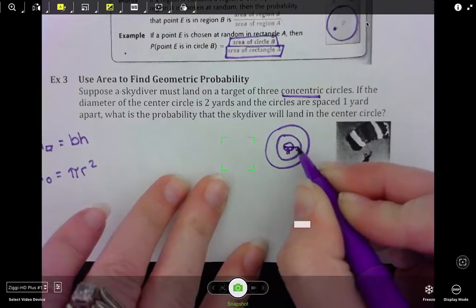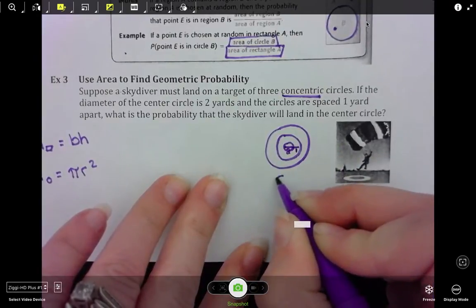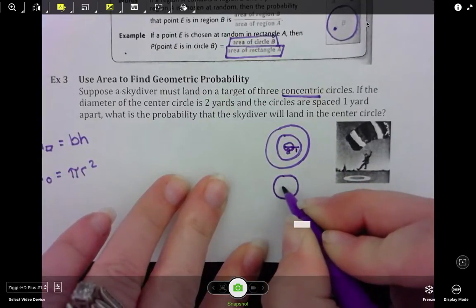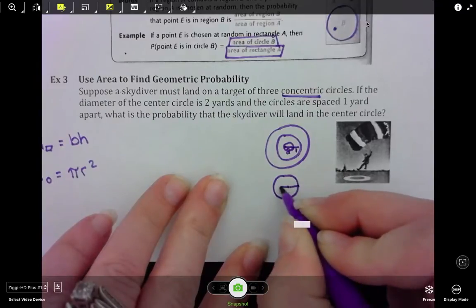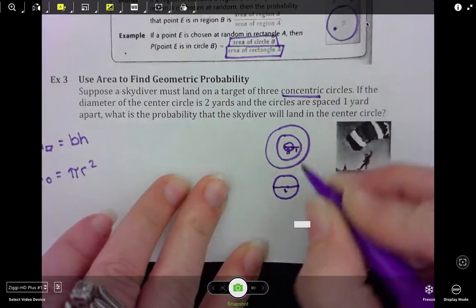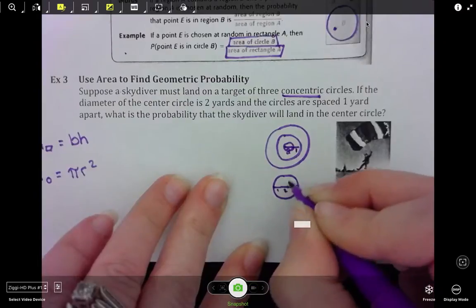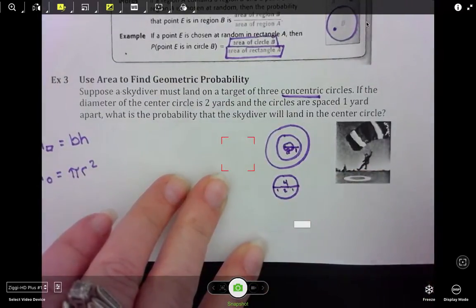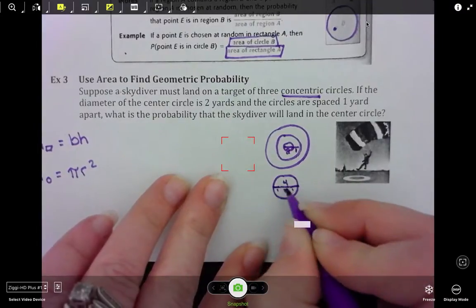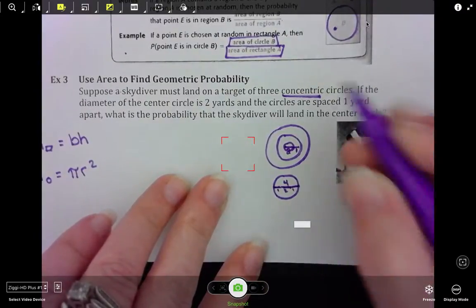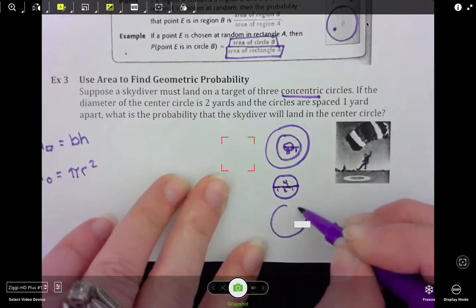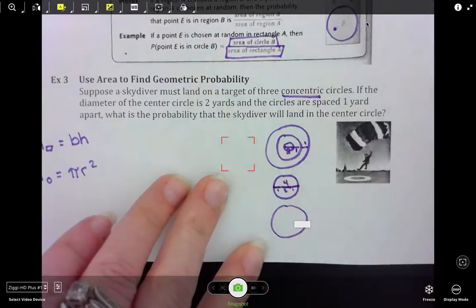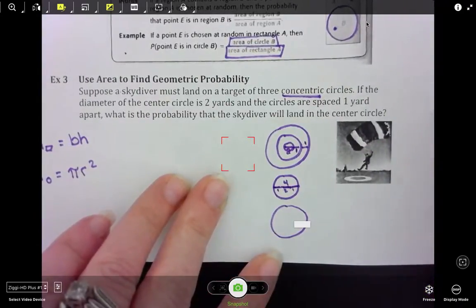Now, if from there to there is 1 yard, then this middle circle, here is 2, here is 1, here is another 1. So the middle circle actually has an entire diameter of 4. Keep that in mind. It's 1 on the outside, 1 on the outside, and 2 in the middle. The bigger circle is also spaced 1 yard apart.